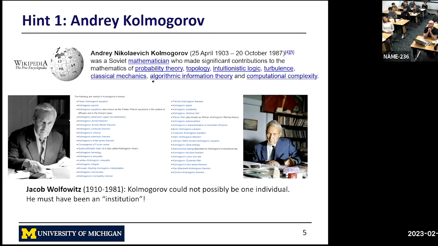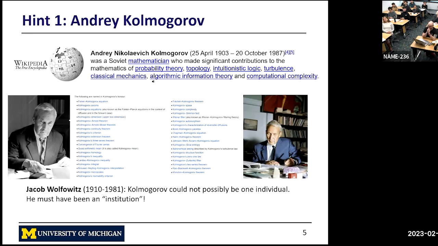And when later US scientists were allowed to visit the Soviet Union, Jacob Wolfowitz, who had read lots of Kolmogorov's work on probability theory, said Kolmogorov could not possibly be an individual. He must have been an institution. And the reason for me to visit the Soviet Union is to make sure which one is correct. I just want to quote this to say that he's a very broad person in science and mathematics.